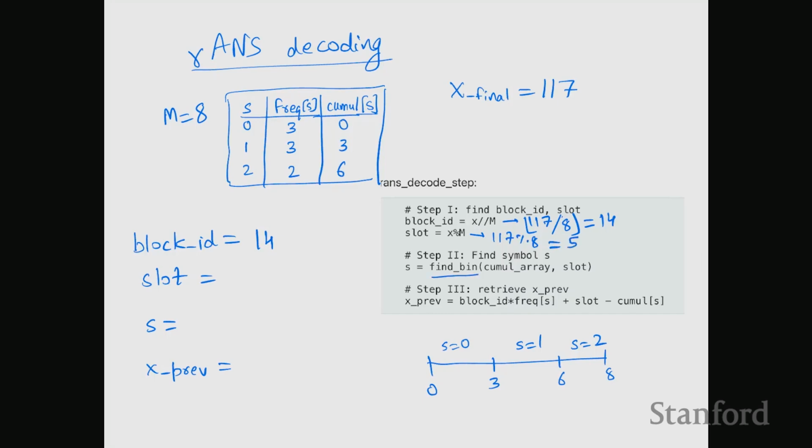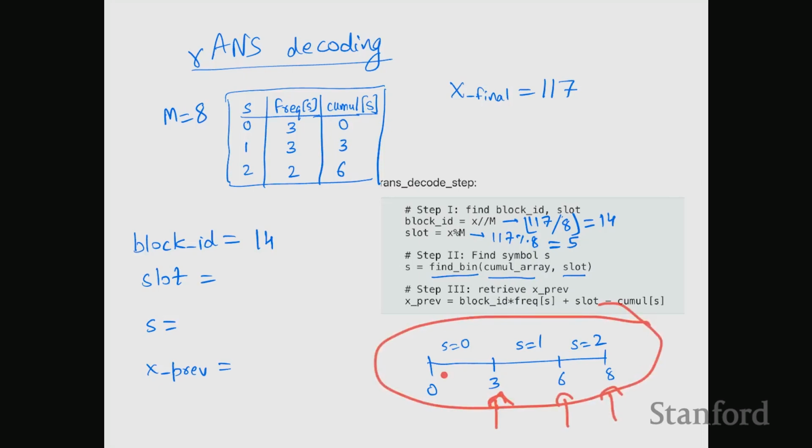Then this step, find bin cumulative array slot. What this means is you make a thing where you mark the different symbols. The frequency of 0 is 3, frequency of 1 is 3, frequency of 2 is 2. And then you need to locate 5 in this.